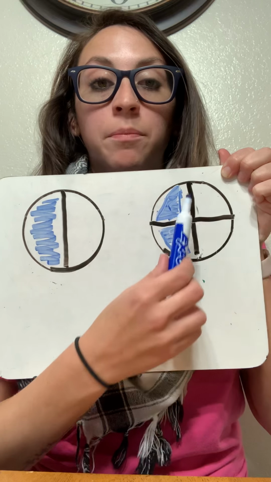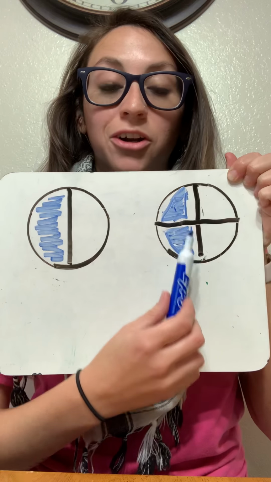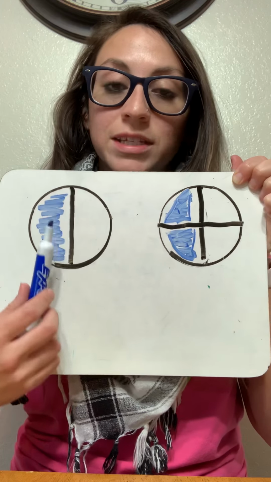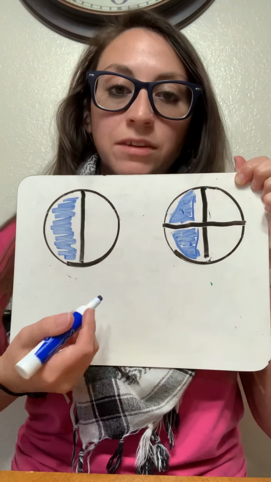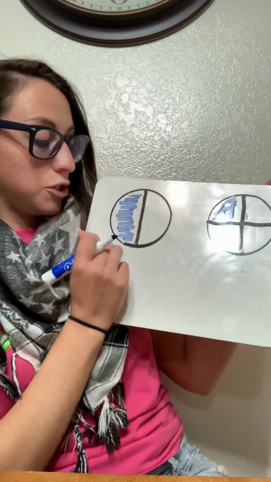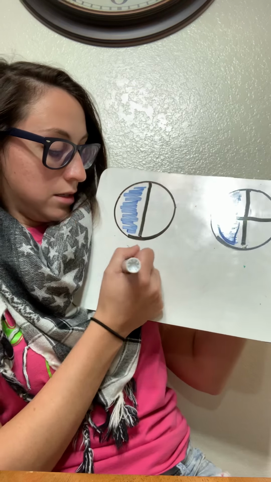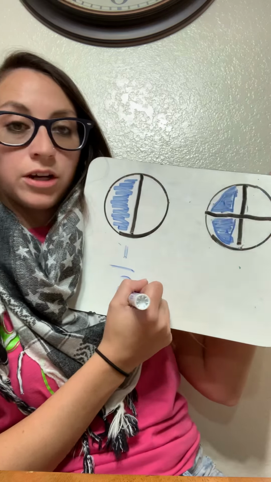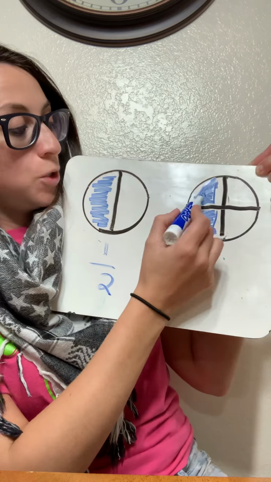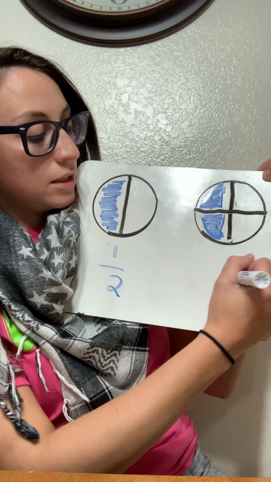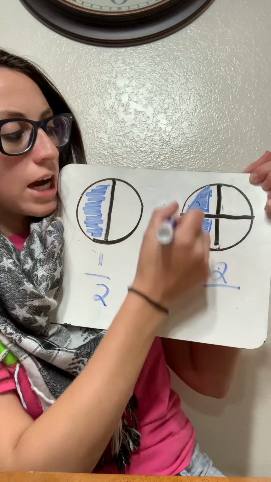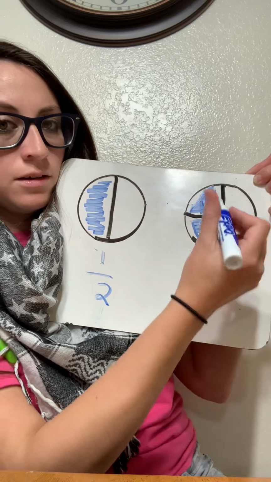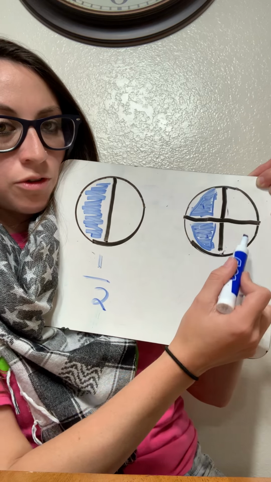That's right, both pieces that are eaten of the pie are the same. So half of this pie is gone because there's 2 separate slices. Very good. And this pie, there's 2 slices that are gone. Now how many pieces are in this entire pie? 1, 2, 3, 4.